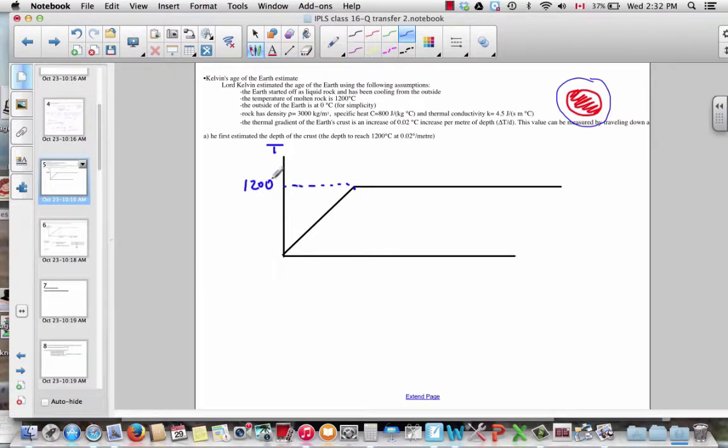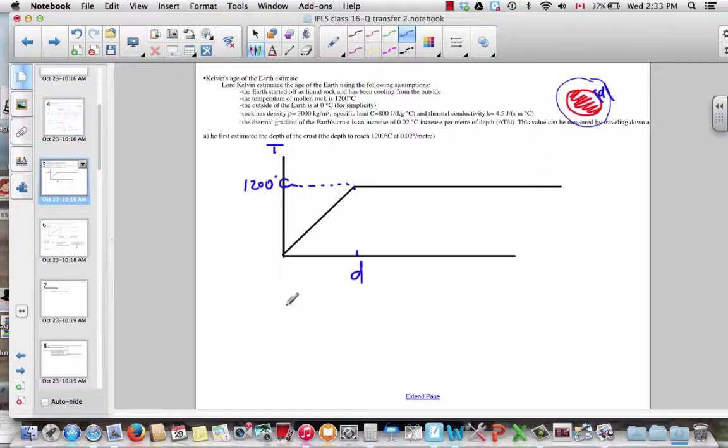He also knew from coal mines that the temperature dropped at about 2 degrees per 100 meters. So that's about 0.02 degrees per meter. Based on that, he was able to work out the thickness of the crust, that's D. This is basically at 0, this was 1200.